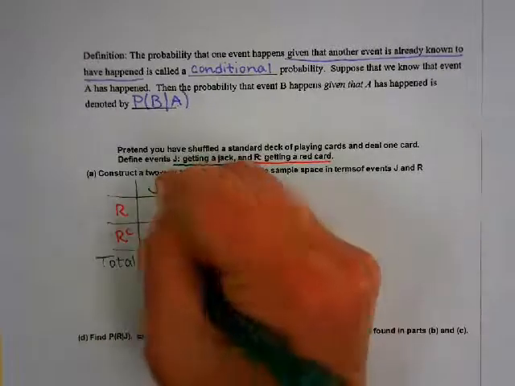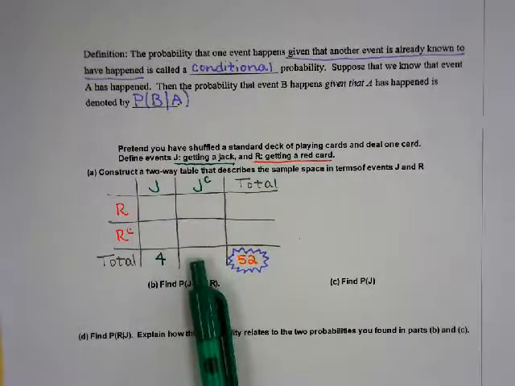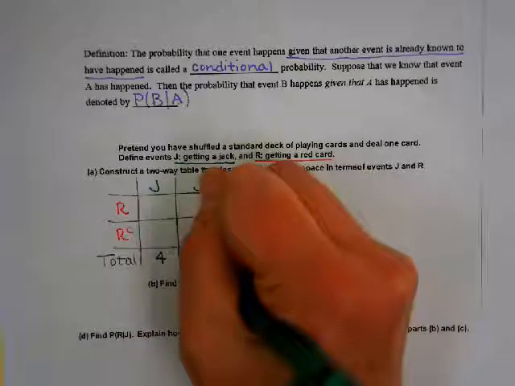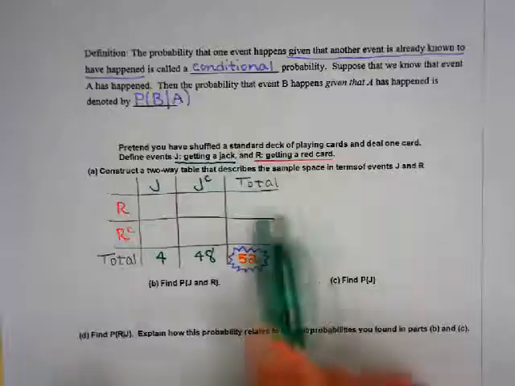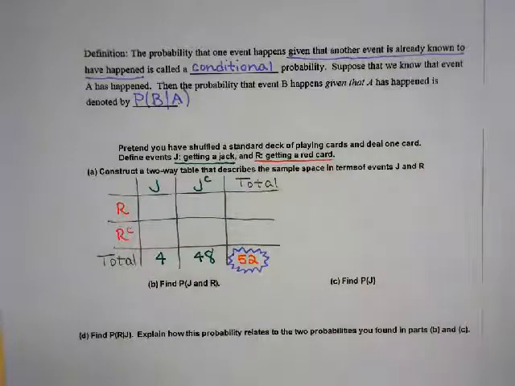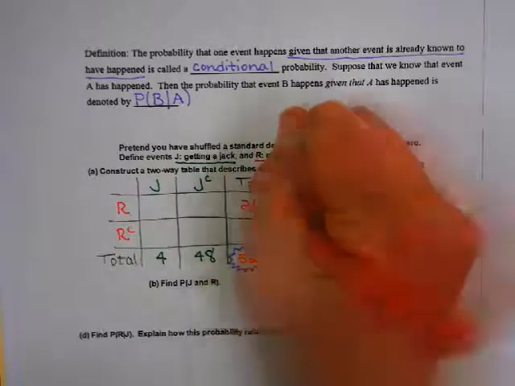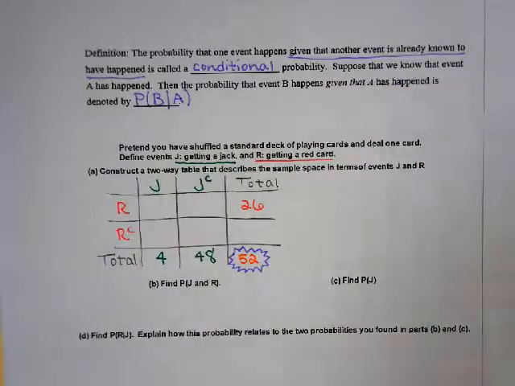Which means how many cards are jacks? Thanks, Jake. How many red cards do we have total? 26. Thank you. Means we have how many non-red cards? 26. Thank you, sir.